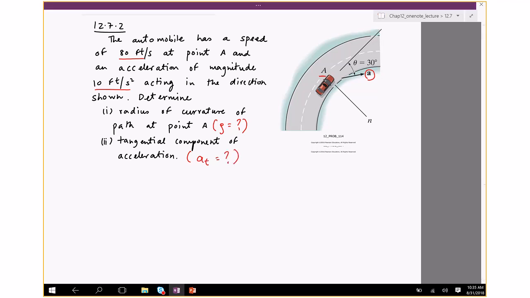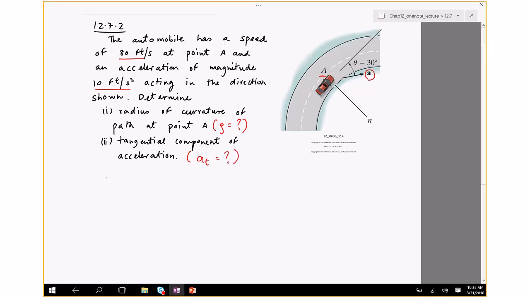So we're given the speed, it's 80 feet per second. We're given the acceleration. In fact, we're only given the magnitude. That's 10. And we're asked to find rho and asked to find at.